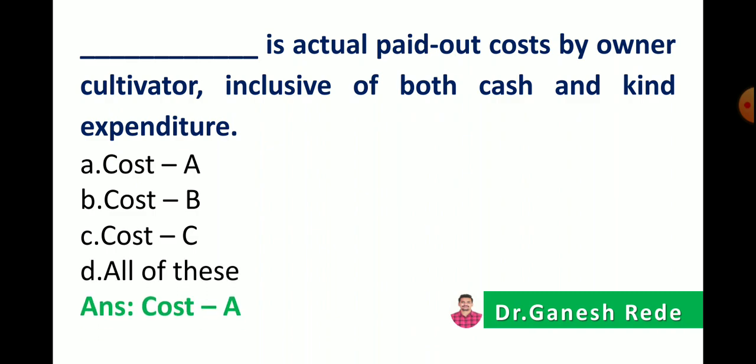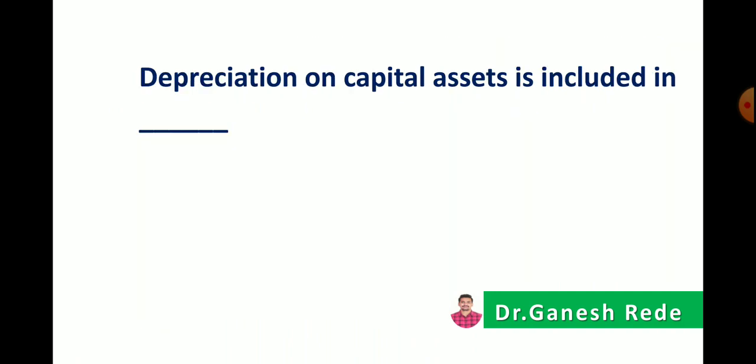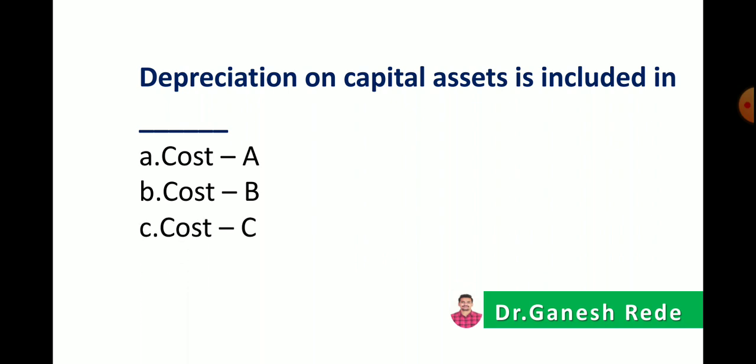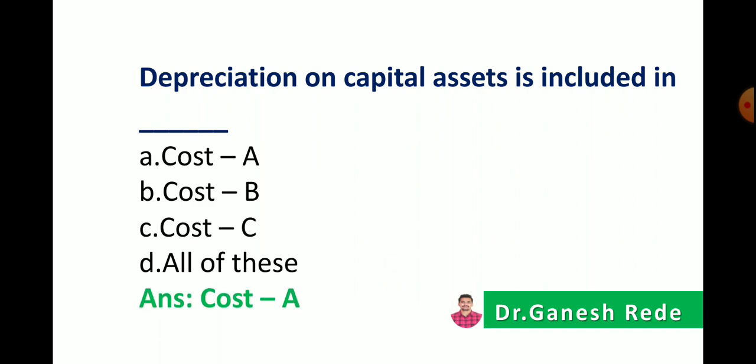The correct answer is cost A is the actual paid out cost by the owner cultivator, inclusive of both cash and kind expenditure. Depreciation on capital assets is included in cost A, cost B, cost C, or all of these. The correct answer is depreciation on the capital assets is included in cost A.